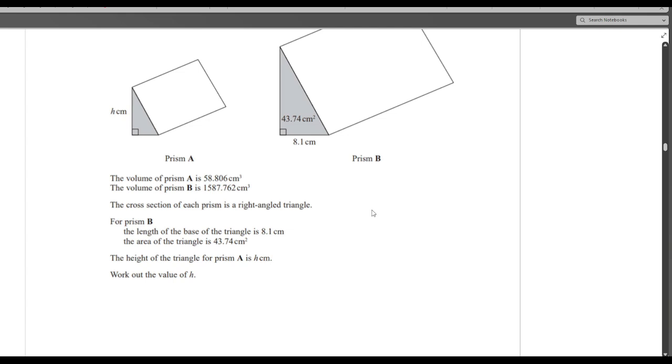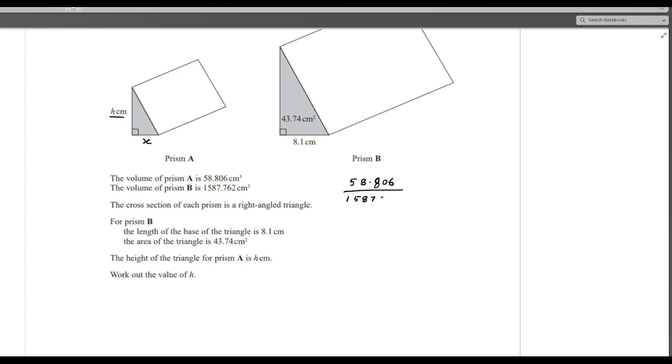The volume of the prism is given. What we will do here: this is h, let us consider it as x. So I will say that the volume of prism A, which is 58.806, divided by 1587.762, will be equal to x divided by 8.1 the whole cubed.